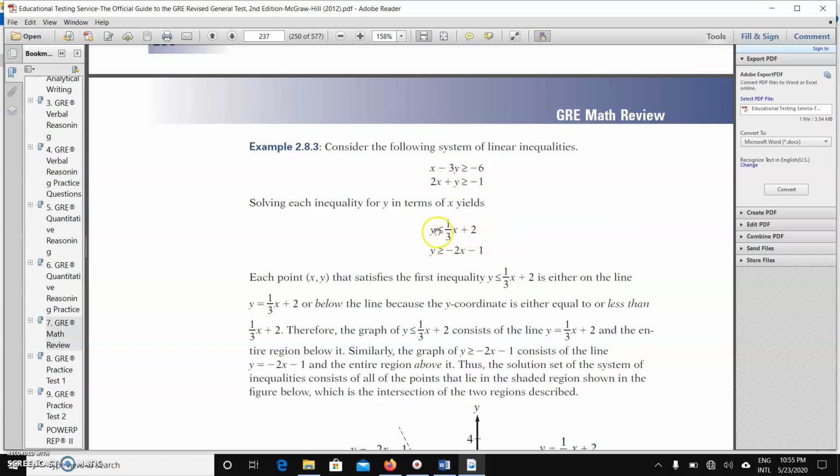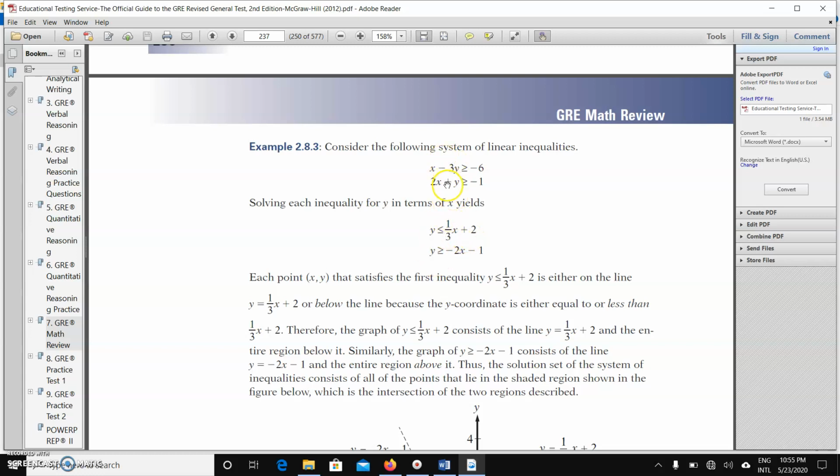Now you notice that there's a change in this inequality. Why? Because of this negative. I've told you earlier that if you divide an inequality by a negative or you multiply by a negative, it changes the sign. So that's why the sign is flipping over like this. You understand? So that's why.